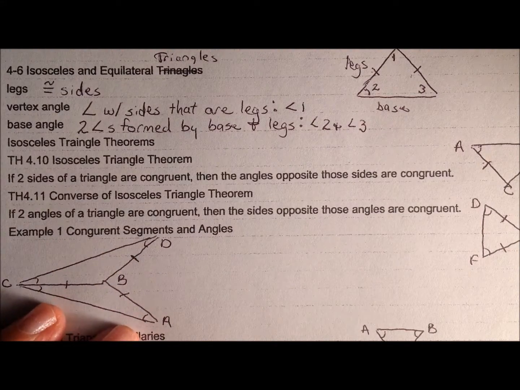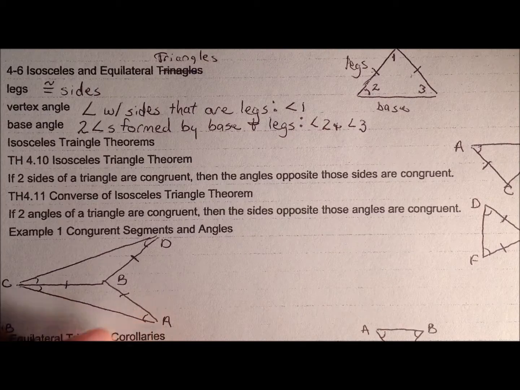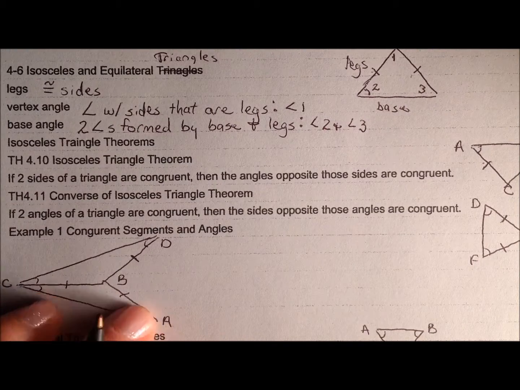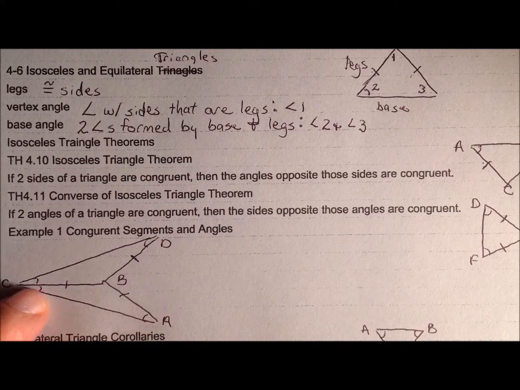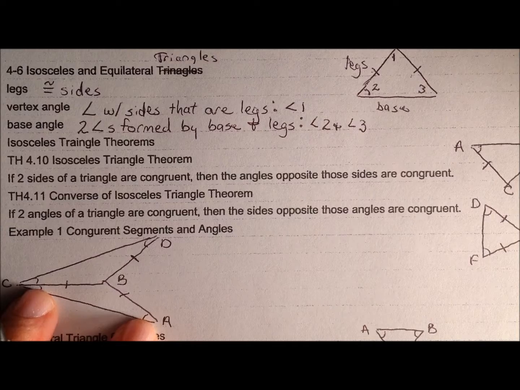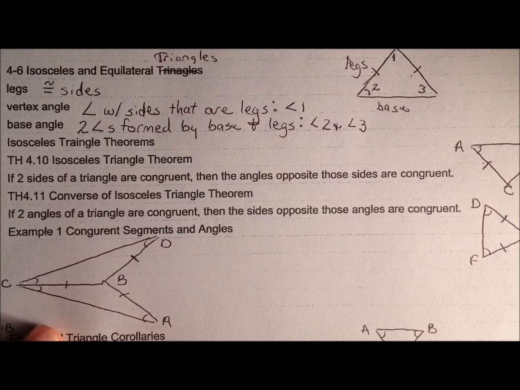And then as far as the angles, I got a little bit ahead of myself, but since BC and BA are congruent, therefore our angle BCA and our angle BAC are congruent. And I marked those in already, but we had a figure that did not have those little marks in there, but we knew sides BC and BA were congruent. So at this time, I want you to pause your video and complete Check Your Progress 1A and 1B.